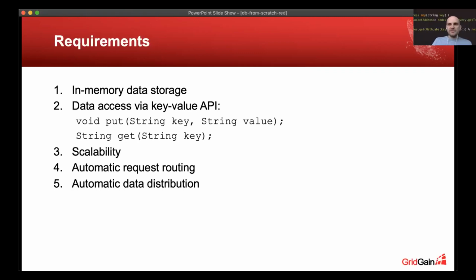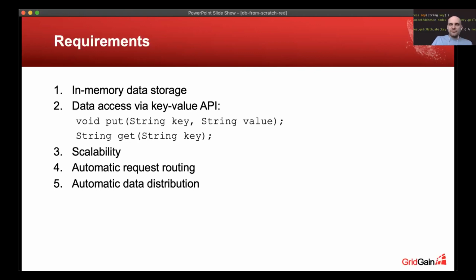The first one is we want to scale out the throughput, the load, right? So we want to have multiple processes that are able to process different requests. So if we send two updates in parallel or two reads in parallel, or many operations in parallel, we want those operations to go to different nodes so that they are processed in parallel as well by different servers, by different computers.